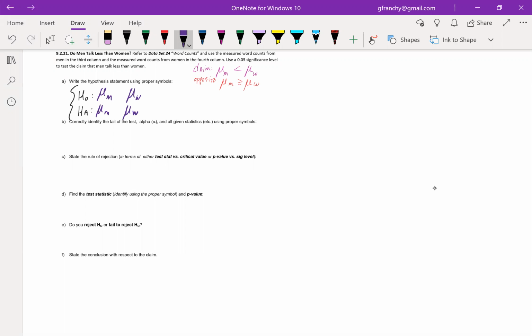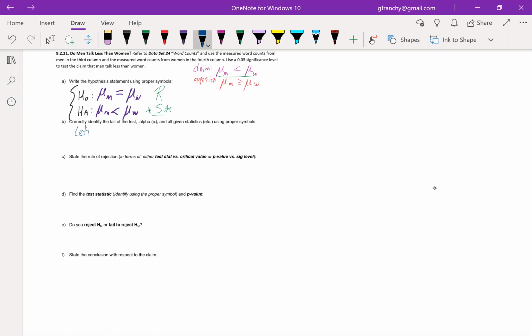What goes between them in the null? Equal, because it's always equal in the null. And then we have a strict inequality less than in the claim. So we put the R in the S, and since it's the alternate that represents the claim, we're going to note the S here for when we write the conclusion with respect to the claim.